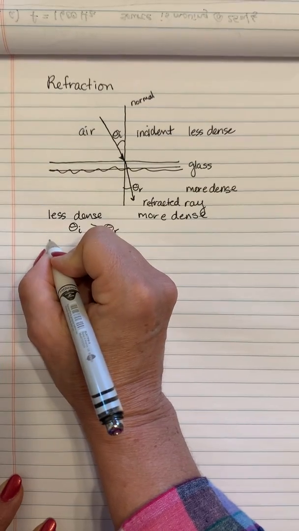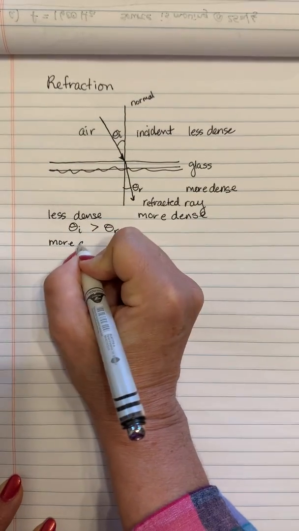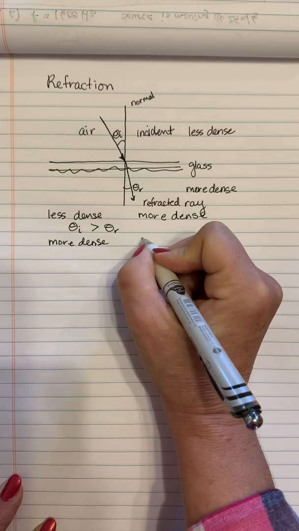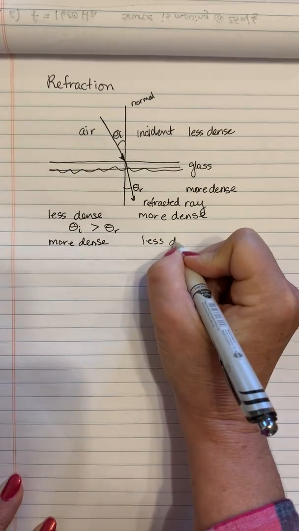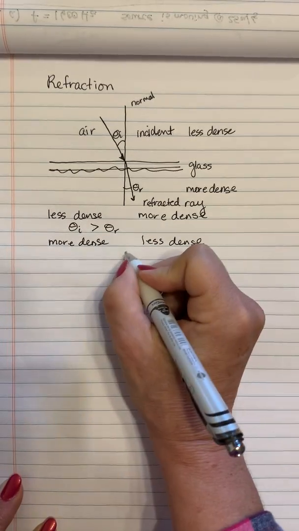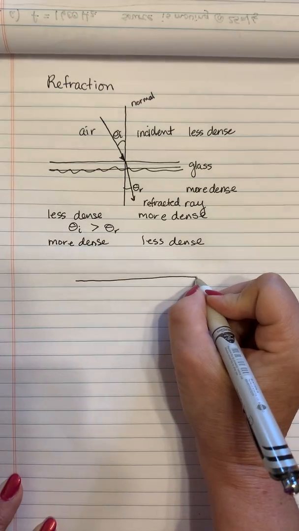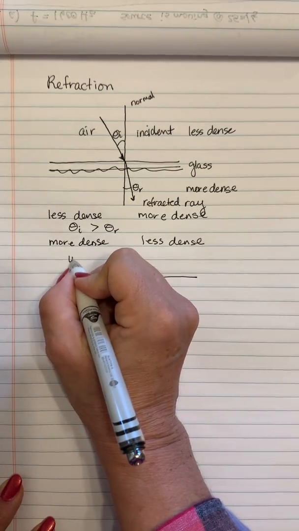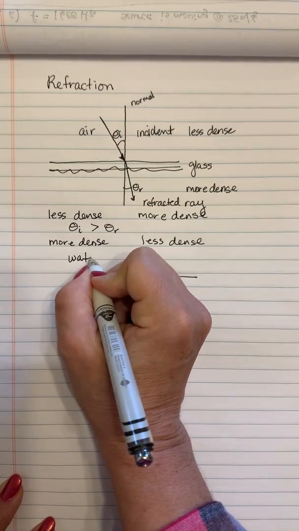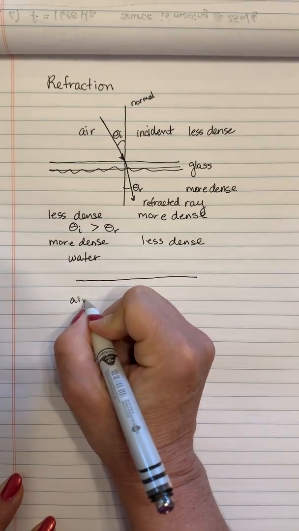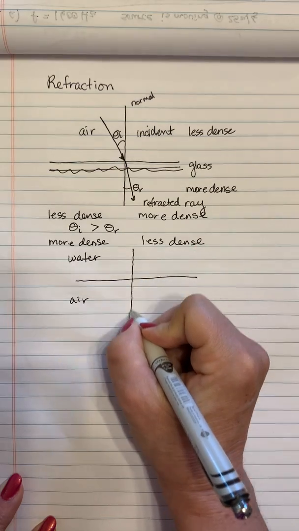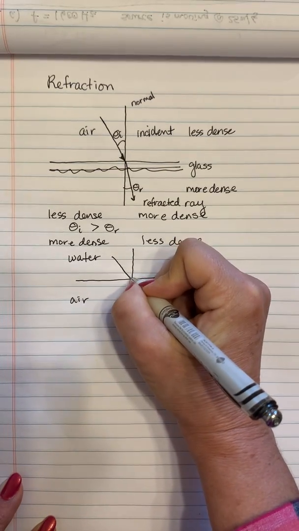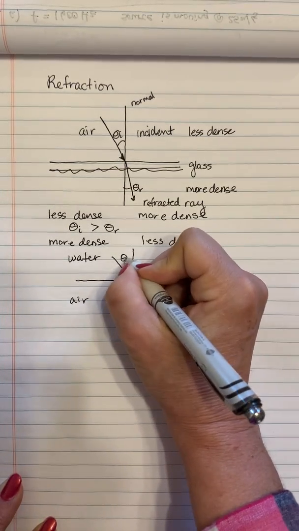The opposite is true if it's going from a more dense into a less dense material. Say, for instance, this was water, and this is air. Here's our normal. Let's say it's going in here at an angle close to 45 degrees.